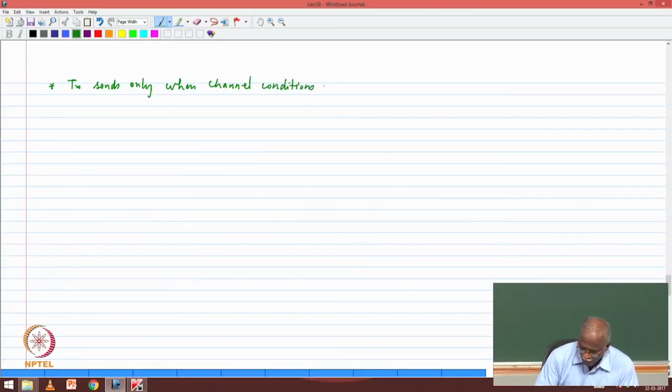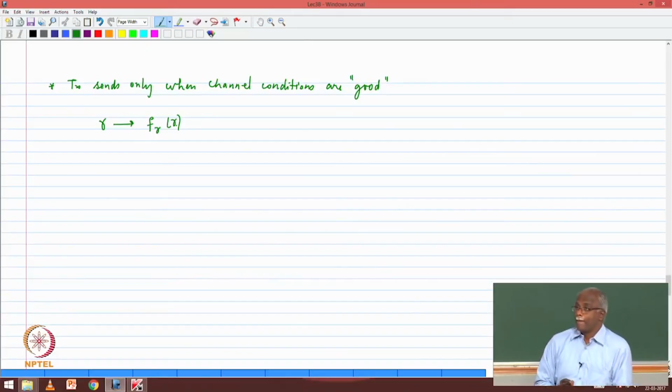Let's quickly move into the aspects of CSIT. One of the things that we would like to do is, we know that the SNR which occurs in the channel has a certain distribution F gamma of gamma.